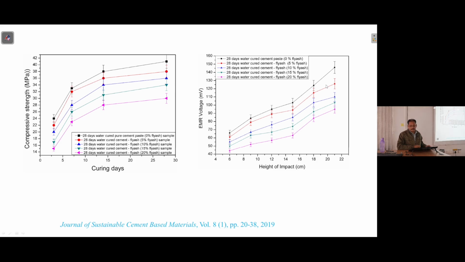And here you have the variation, again 0% for this case, and this one is with the highest percentage of fly ash. So with increasing fly ash percentage, voltage is found to decrease. So we can consider that whatever structure or formations exist within cement, those are primarily responsible for the occurrence of the signal, but fly ash is not contributing to it.